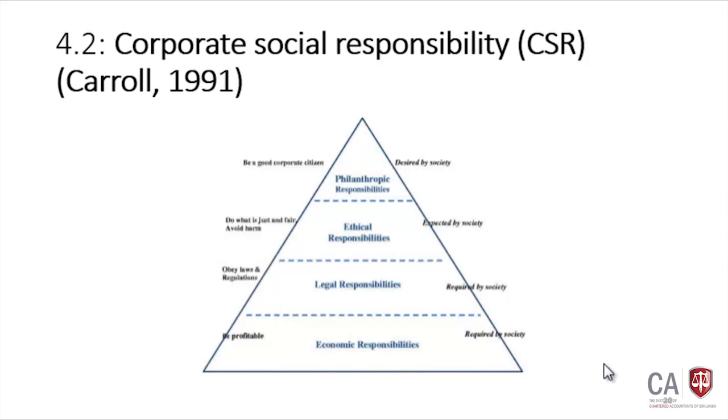For example, avoid labour discrimination. When you are recruiting people, you should avoid labour discrimination. You should not discriminate women from men. That is an ethical responsibility of the organization. At the same time, the organization has a responsibility to pay a fair salary to the employees. Ethical responsibility.